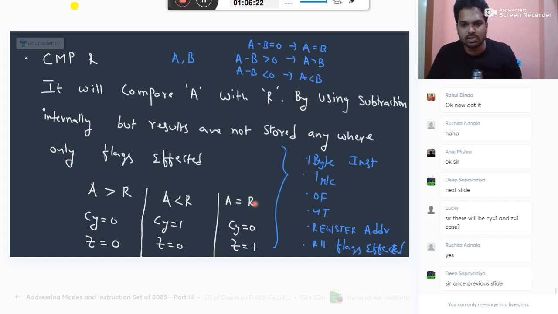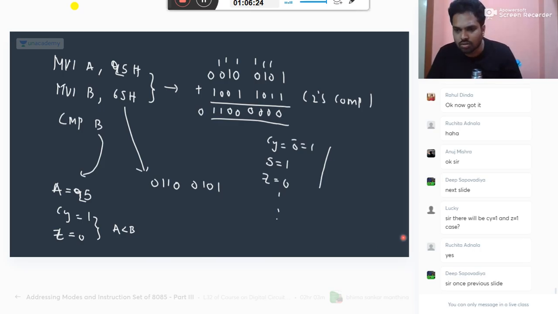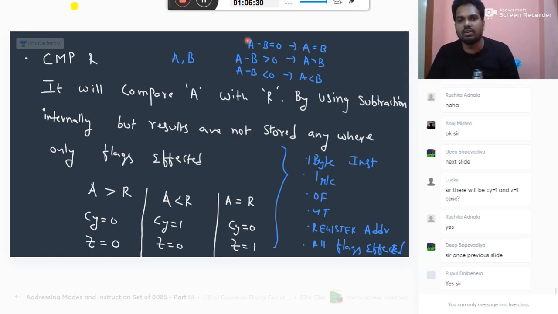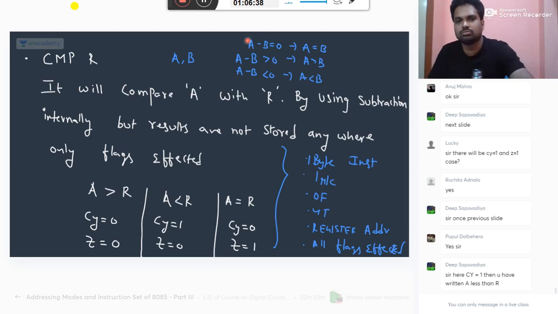Carry equal to 1 for A less than R. Here also A less than R, that's why carry equal to 1. What is the doubt in that?